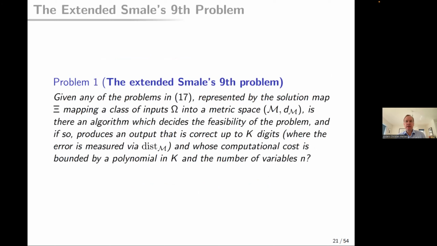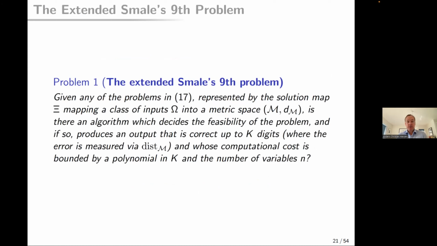So the extended Smale's ninth problem is simply saying, okay, let's take the original Smale's ninth problem and add more complexity to it by saying what happens even when you have the extended model where the input is also inexact but can be given to arbitrary precision, which is what you would actually do in real life computation.